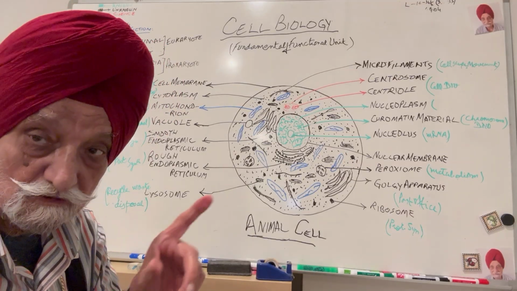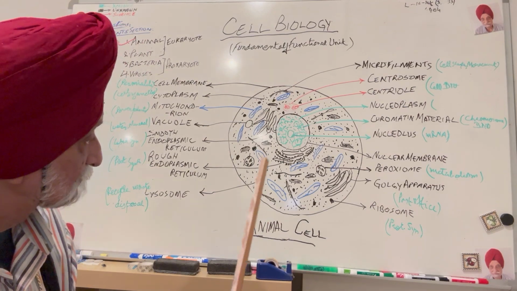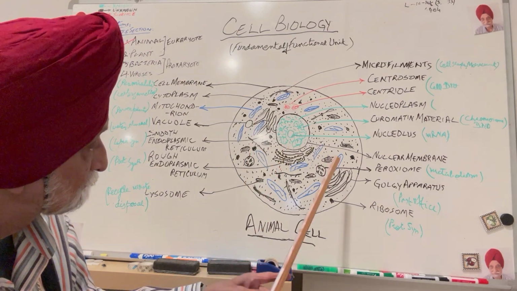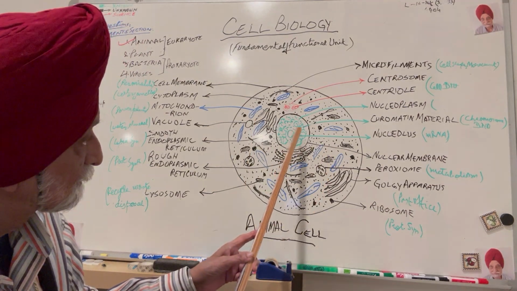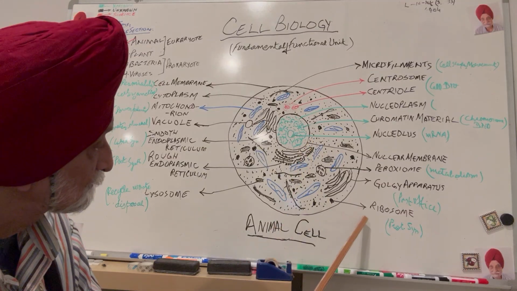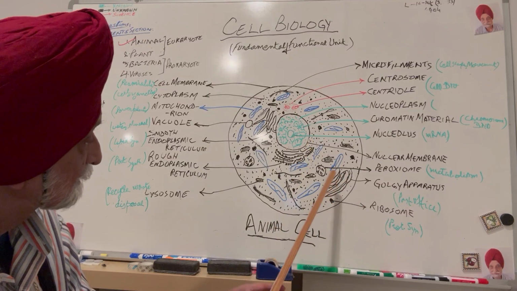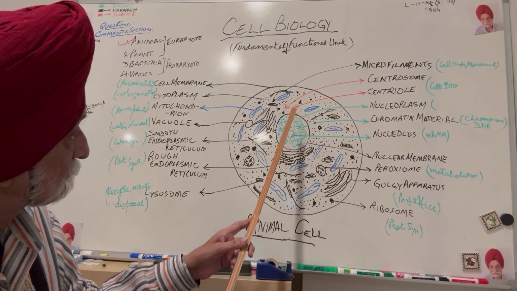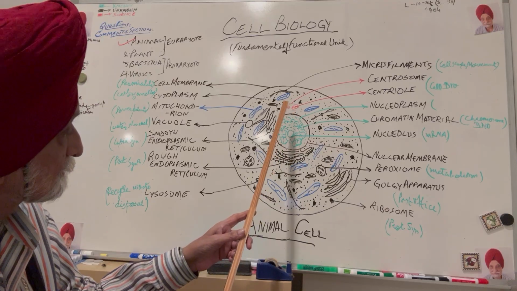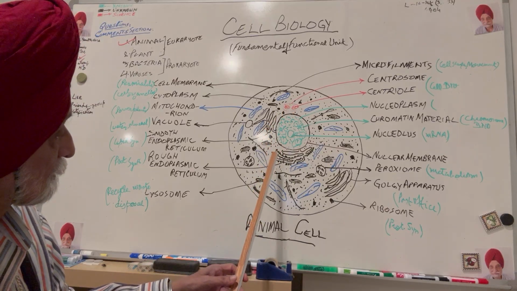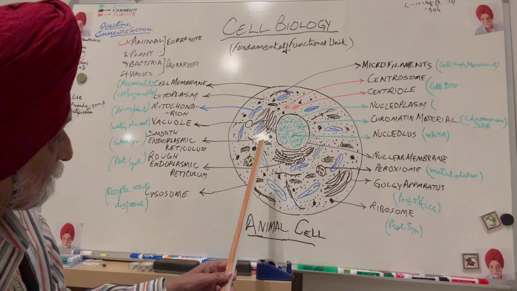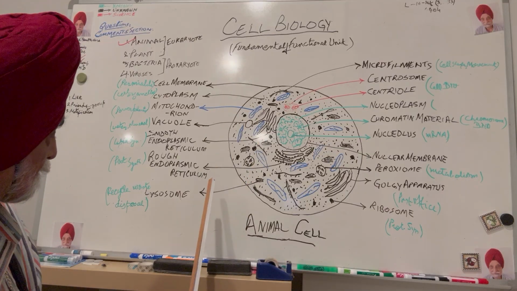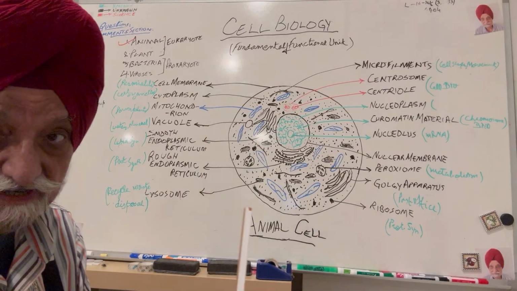Now, what are those small organelles? They are the nucleus, the ribosomes, endoplasmic reticulum, centrioles, centrosome, Golgi body, lysosomes, and other structures like this.